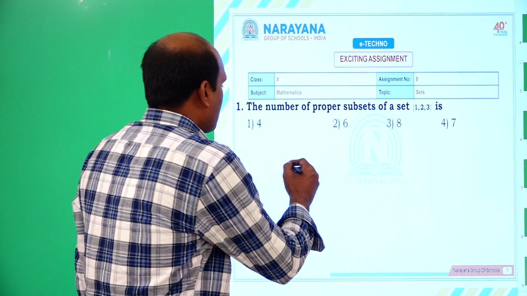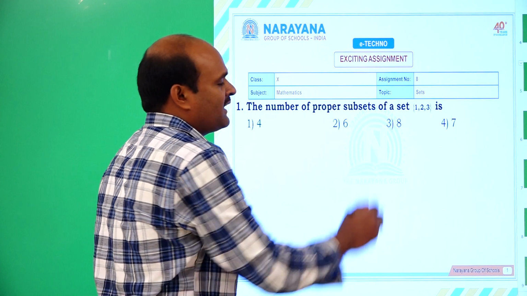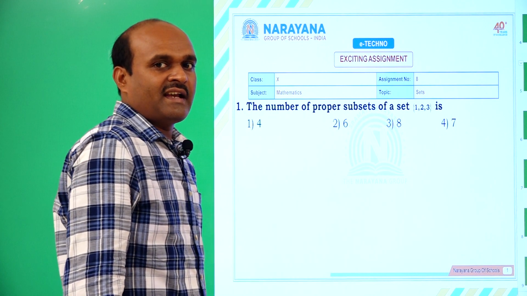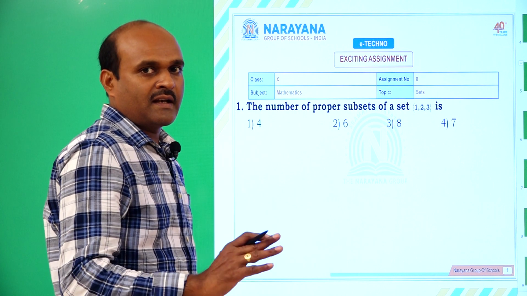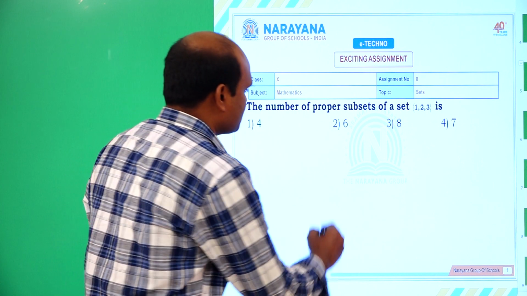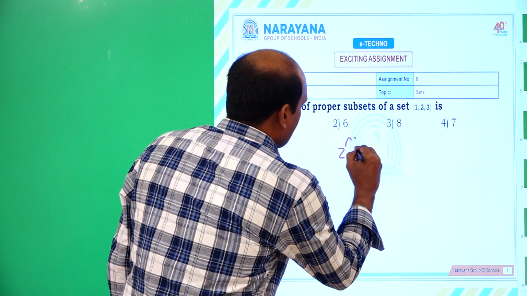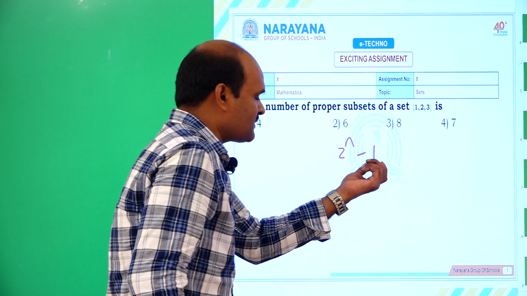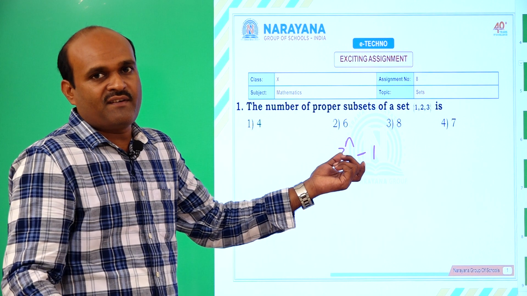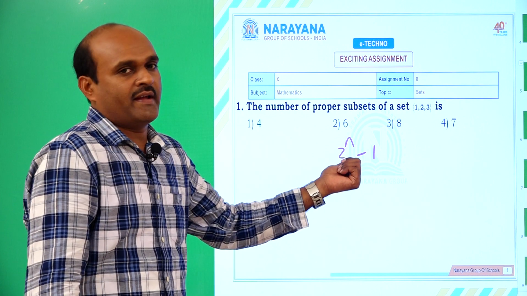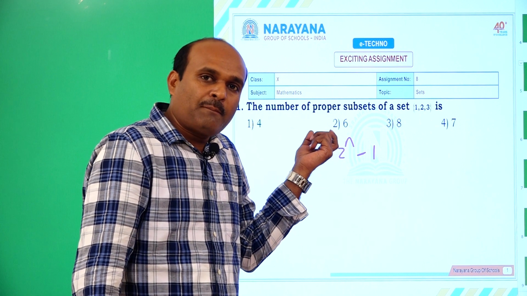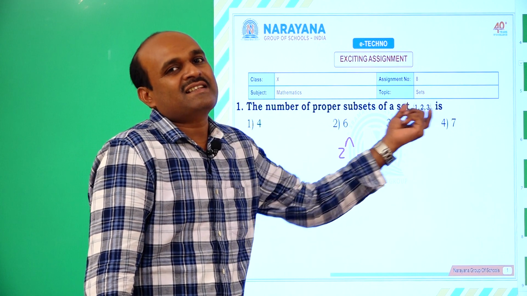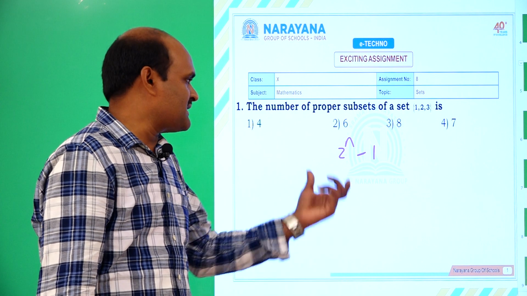So suppose a set contains n elements. Then the number of proper subsets of that set is 2 power n minus 1. The number of subsets of a set containing n elements is 2 power n, and for proper subsets we subtract the set itself, that is, minus 1.